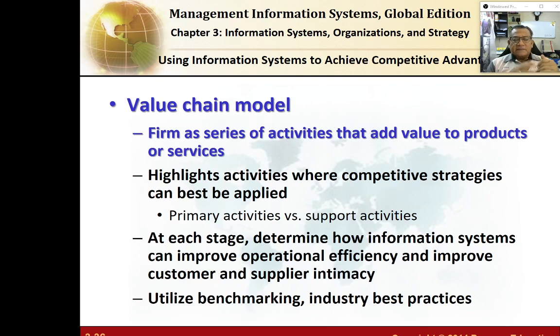The supplier might send a raw material, which has lesser value. But when the manufacturer converts the raw material into a finished product, that product has a higher value. When it is sent to the retailer it adds another value, and later it is sold to the customer. So this is what they call the value chain model.